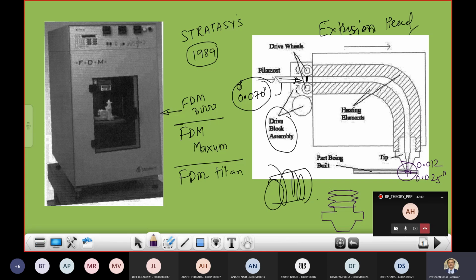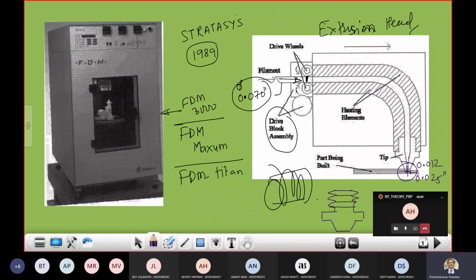From this discussion, what you understood is the working principle of FDM. It is based on how effectively you make use of heat or thermal energy to build the model in layer by layer form.